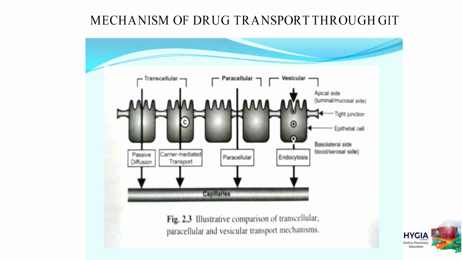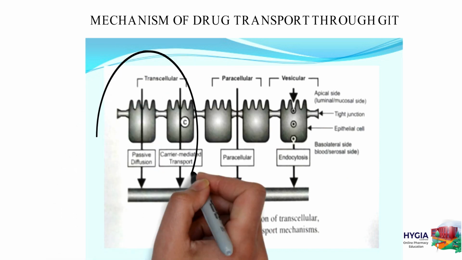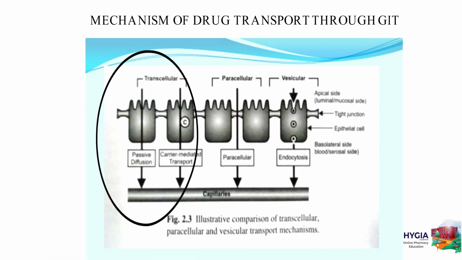The drug is transported via three different processes through the GI epithelium, which you can see on your screen in the schematic diagram. The first process is the transcellular mechanism, which is across the membrane.